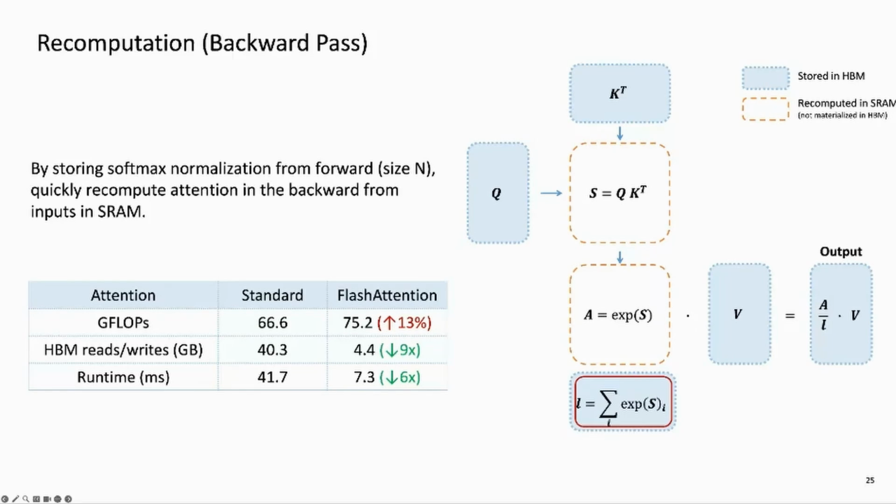But in terms of reads and writes, we reduce by 9x, and as a result, we can be 6x faster. This is somewhat counterintuitive, but once you understand the hardware and the bottlenecks, it makes more sense that computation in a lot of cases is cheap and memory I/O is expensive. So we can speed up the backward pass even with increased flops.